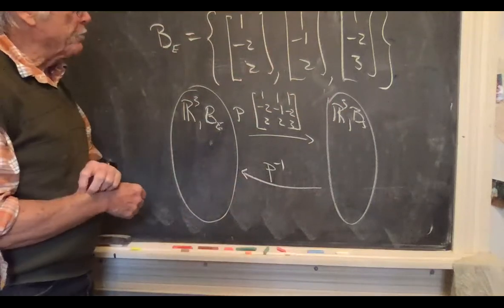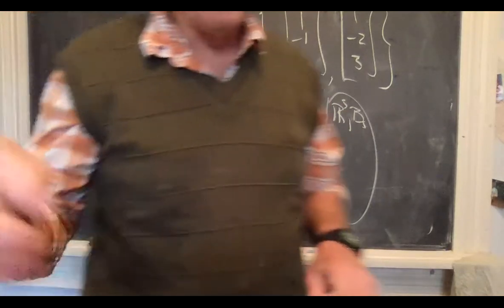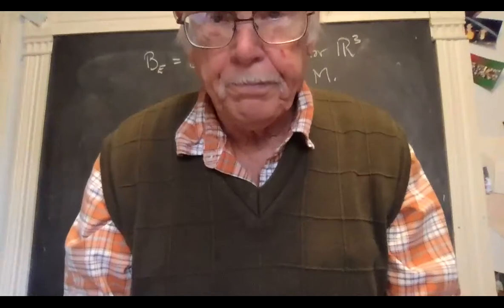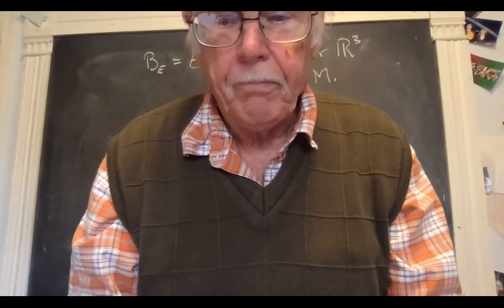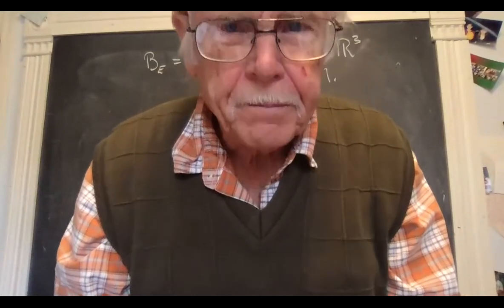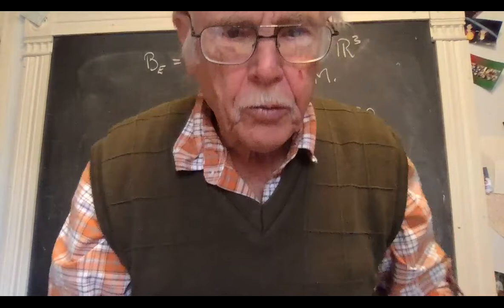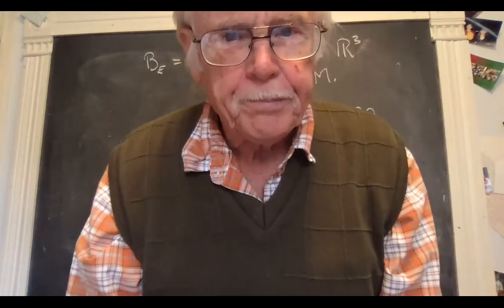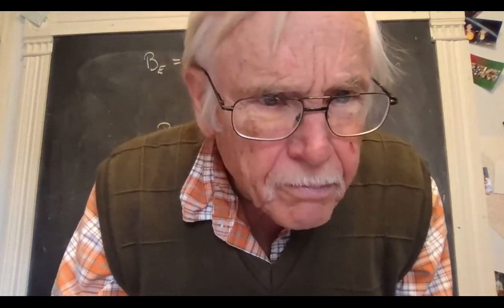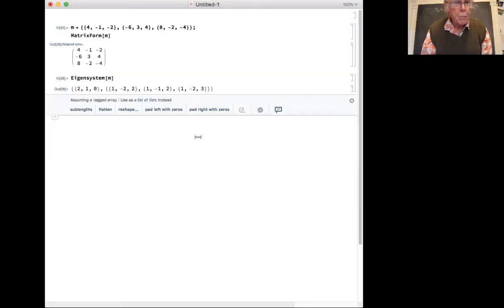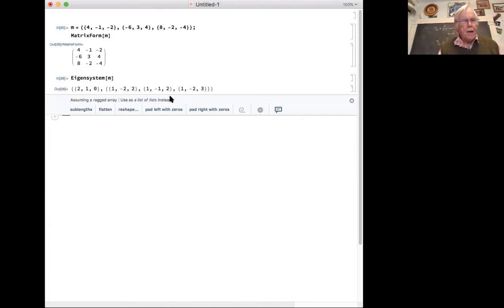I want to go back to Mathematica and do this in Mathematica now. So we will try to share screen again if it works. There we go. So there's the eigensystem, and the eigenvectors are next to it.